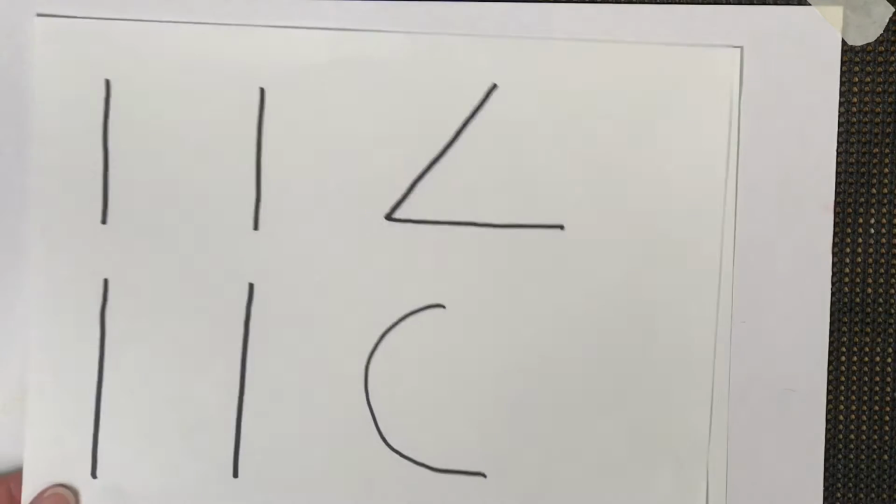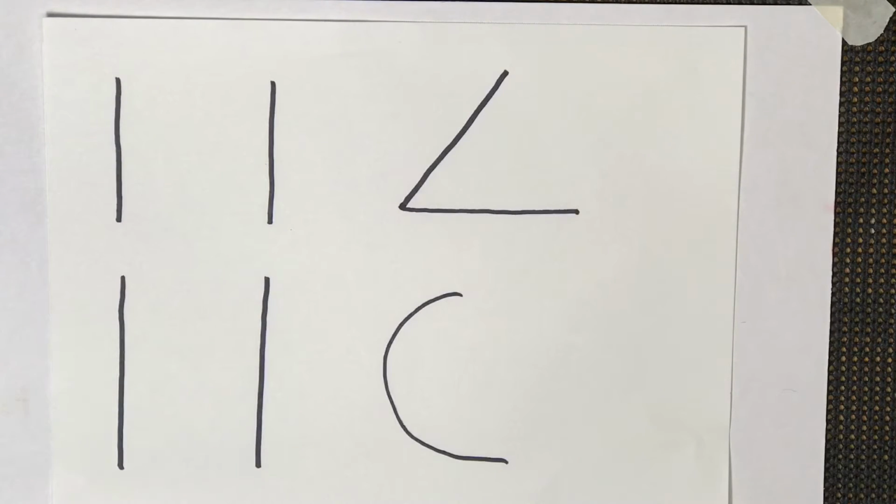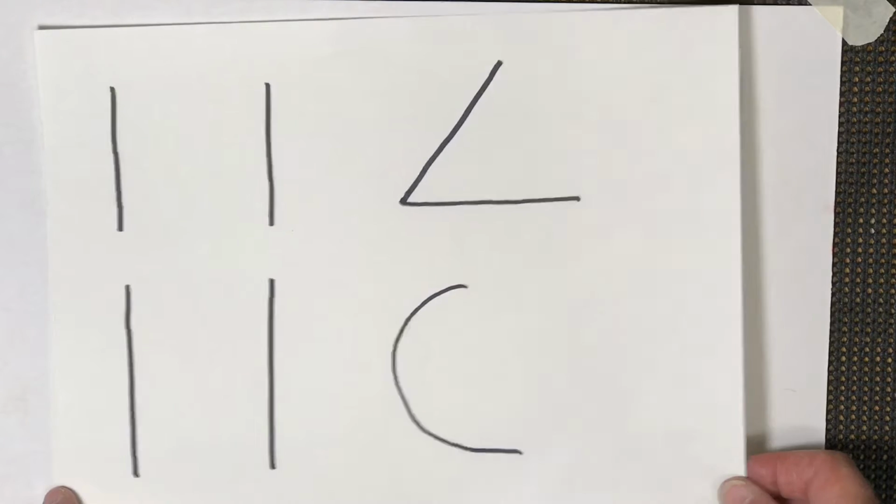The basic forms in art, of course, are line and form or shape. So we're not going to talk about line too much, but just to show you, here's a line, right? Now you can make lines any which way you want.